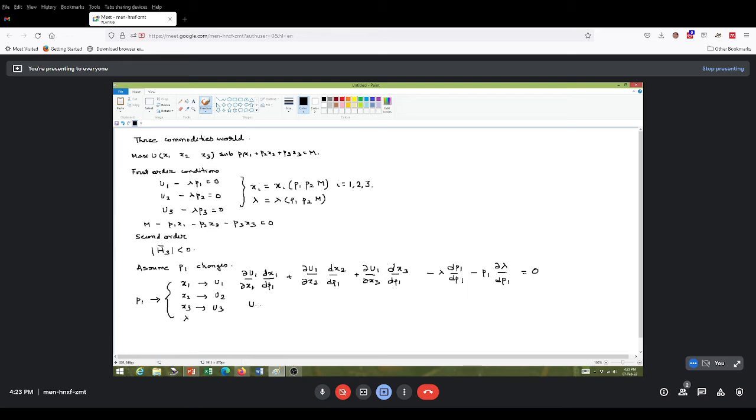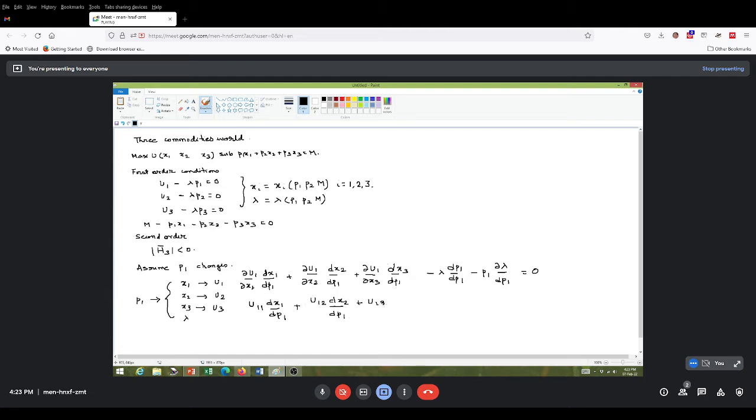So this will be U11, dx1 by dp1. This will be the cross partial derivative u12 into dx2 by dp1.